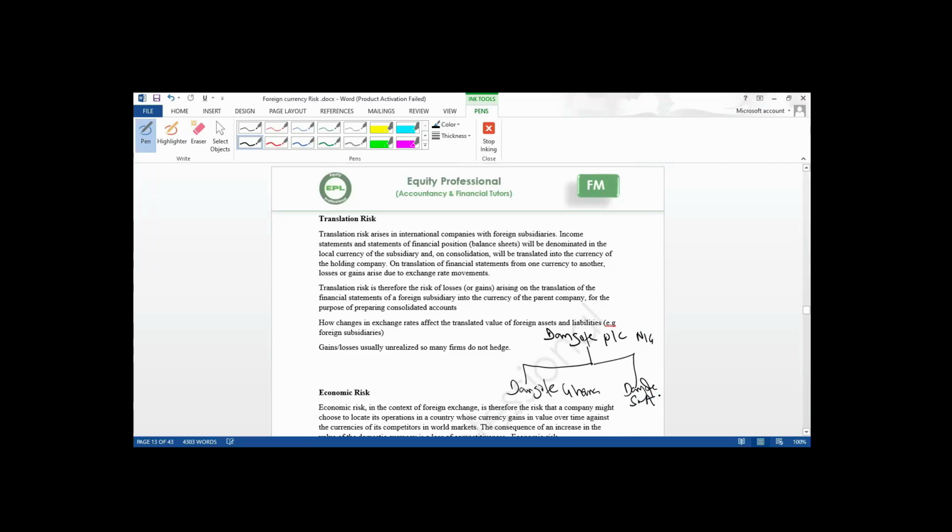The parent company is located in Nigeria. Our currency is Naira. Dangote has subsidiaries in Ghana and South Africa. Their currencies are cedis and Rand.